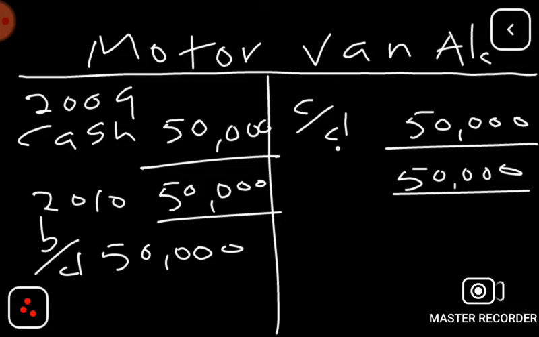But we do not write the 35,000 in the motor vehicle account or motor van account. The reason is that if we write the 35,000 here, it would mean that there is some motor van worth 15,000 remaining in our business, but that is not true. We only have one motor van and we bought it at 50,000.